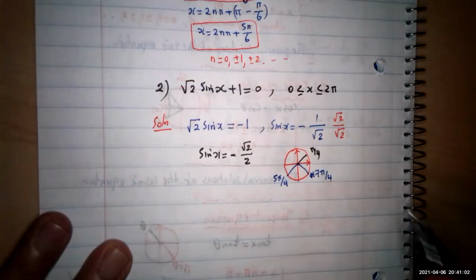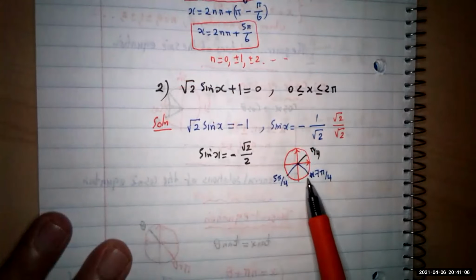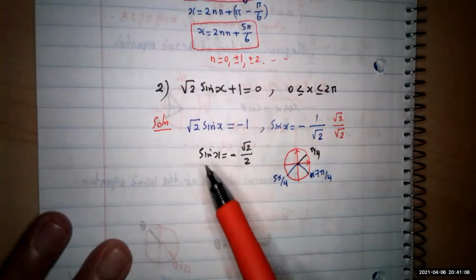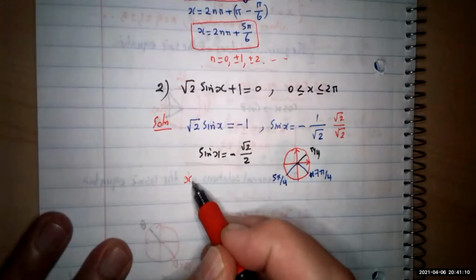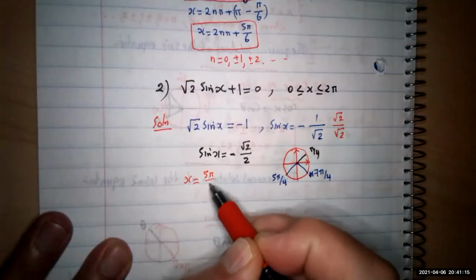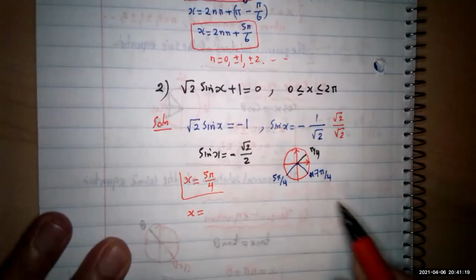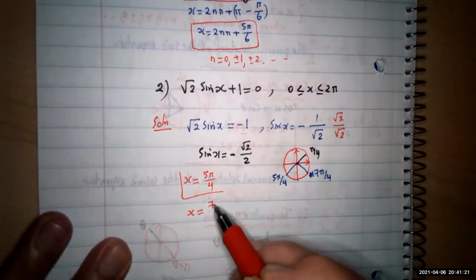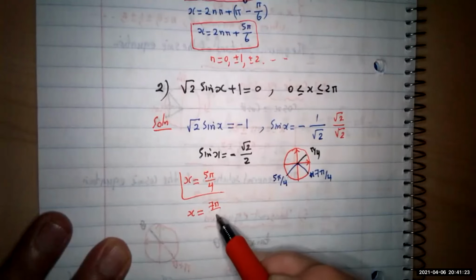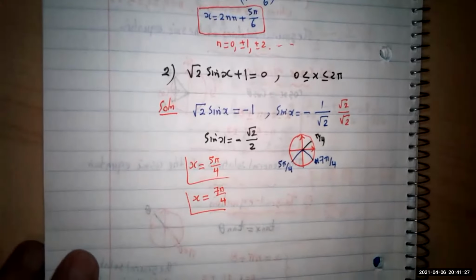Since they ask for 0 to 2 pi, just one time around the circle, the solutions are going to be 5 pi over 4 and the other solution is going to be 7 pi over 4.